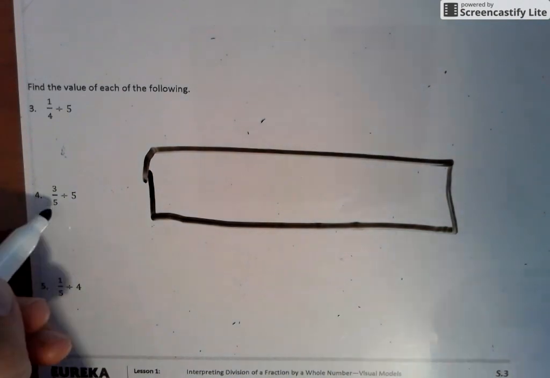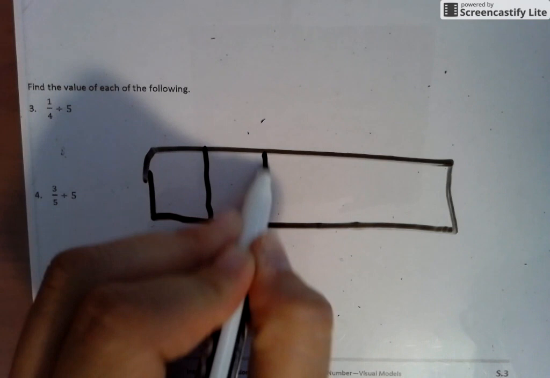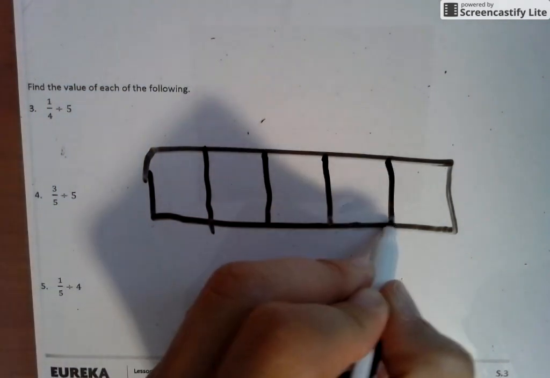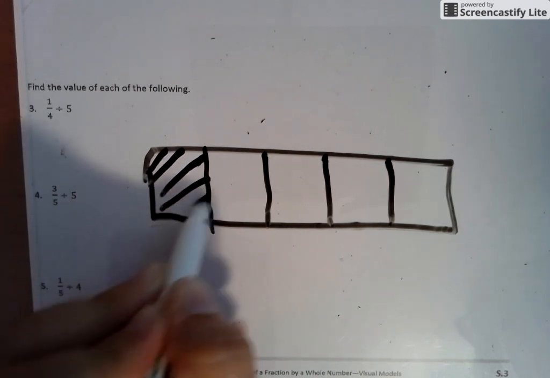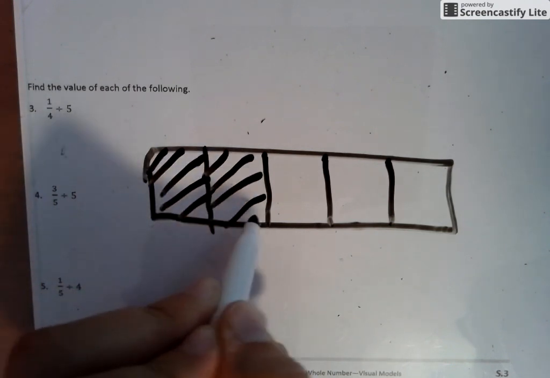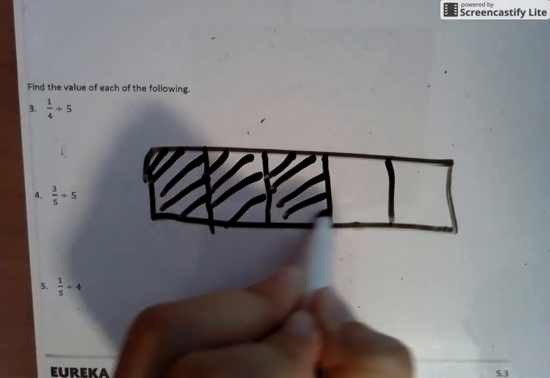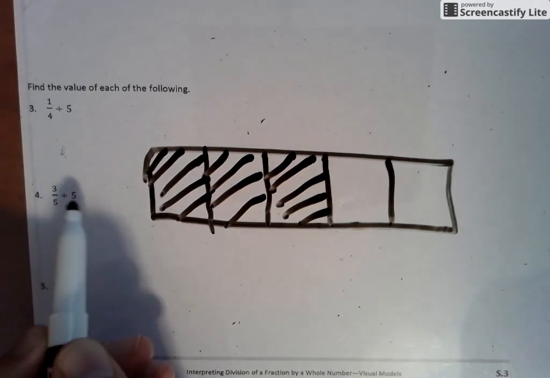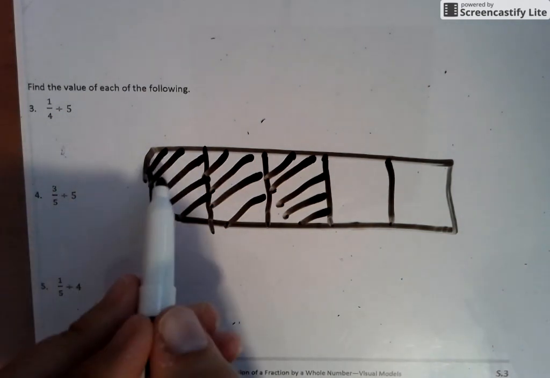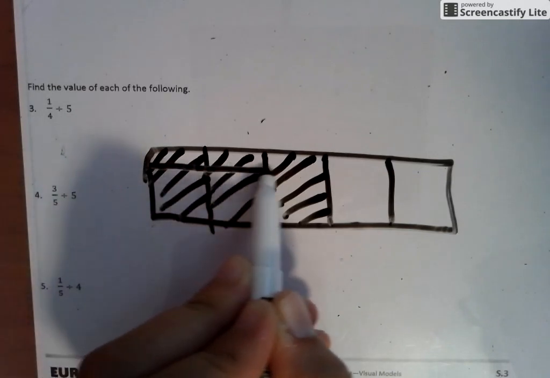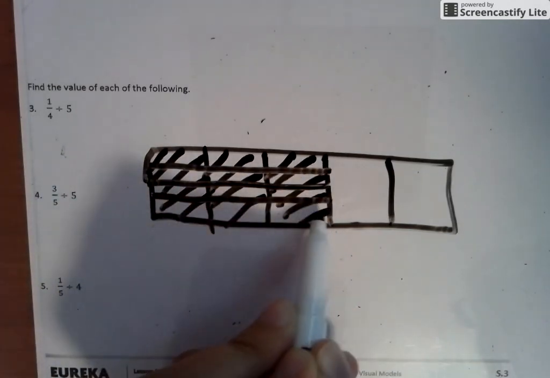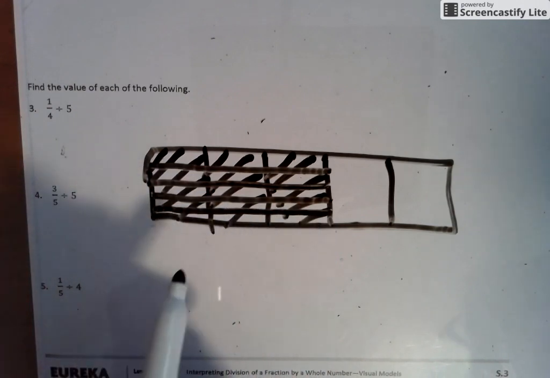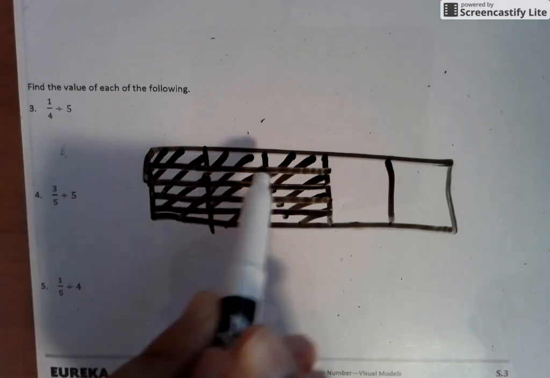We're going to make the next one. If you notice on this next one, number 4, it says that we need to split this into 5 parts. And we need 3 of those shaded. So that's my 3/5. And we have to divide this into 5 parts.